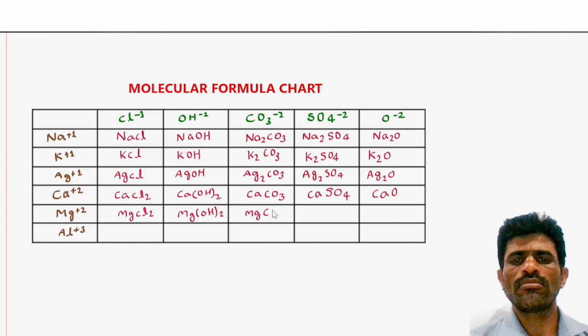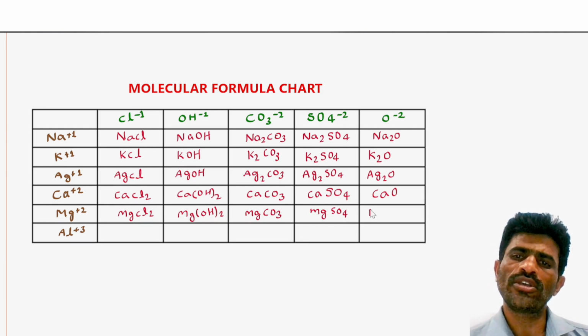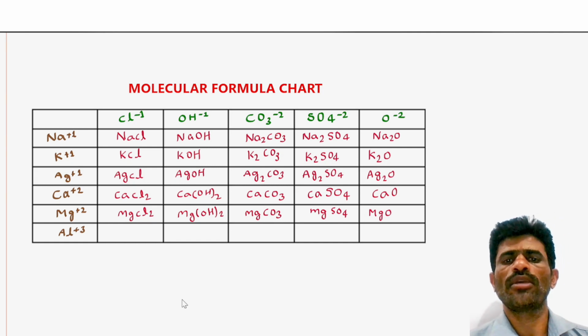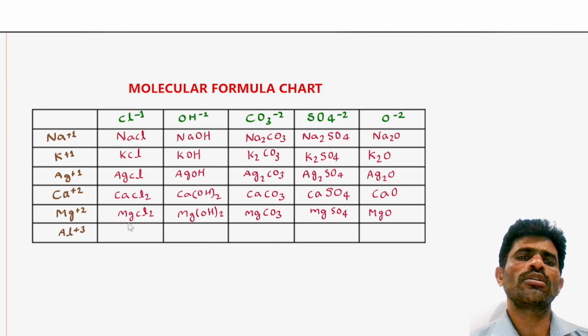MgCO3, magnesium carbonate. Magnesium sulfate, MgSO4, because valencies are same, for sulfate, magnesium valencies are 2 only. Here also MgO, because valency is same, MgO. This is the molecular formula of magnesium hydroxide, magnesium chloride, magnesium carbonate, magnesium sulfate, magnesium oxide. So what is important here? To know the valency of cation and anion.